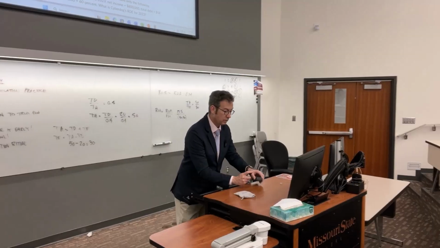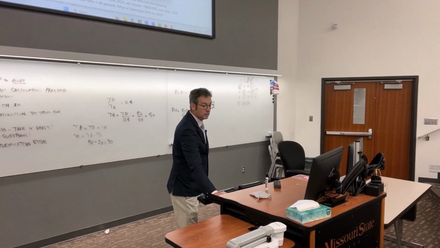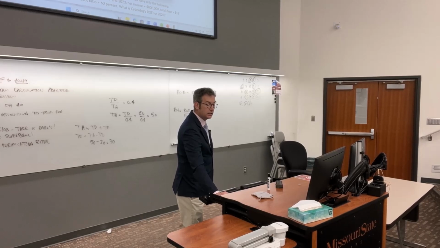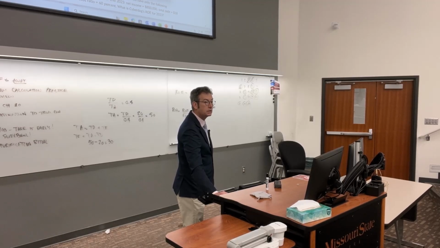So let's see what we can do with that. I'm going to take 15 divided by open parentheses 50 divided by 30 close parentheses equals. I'm getting 9%.